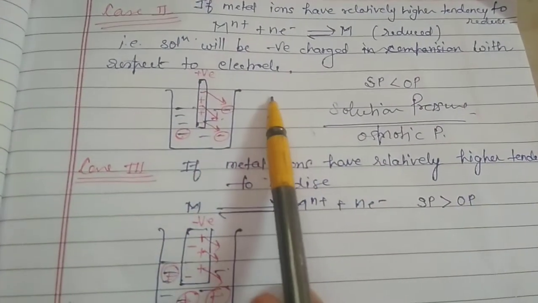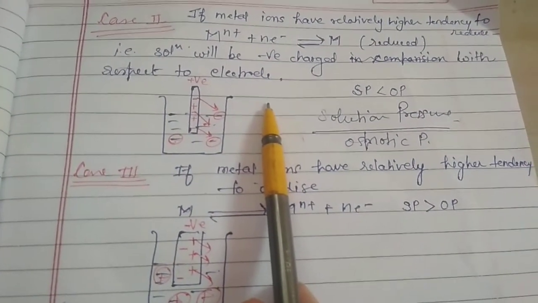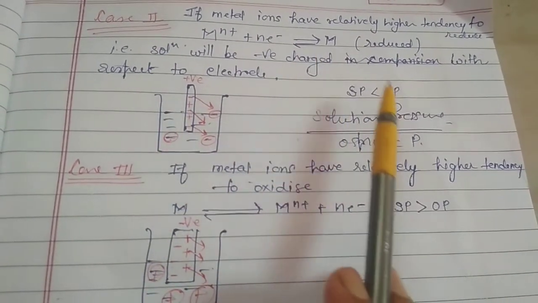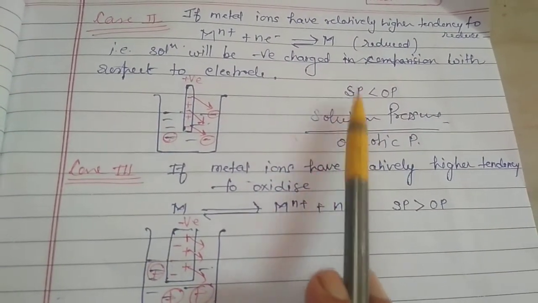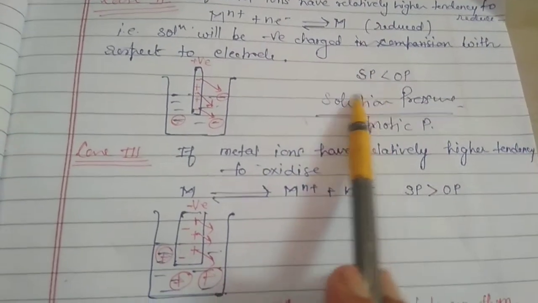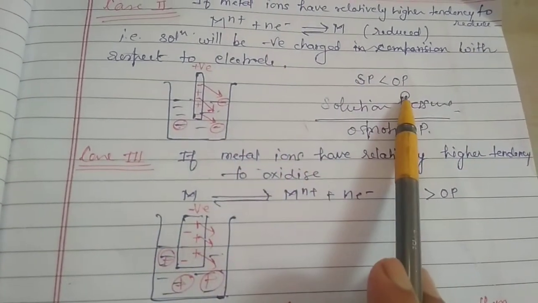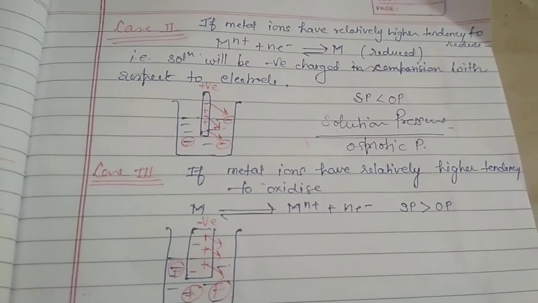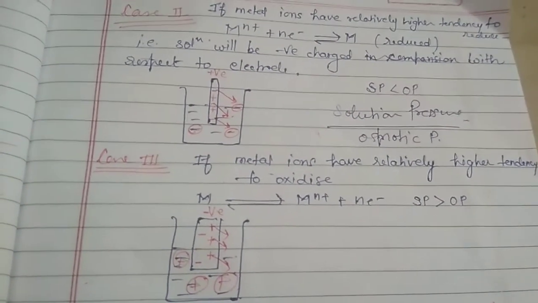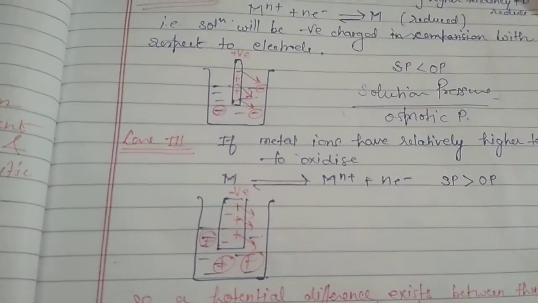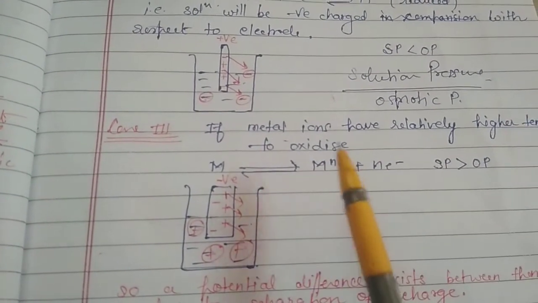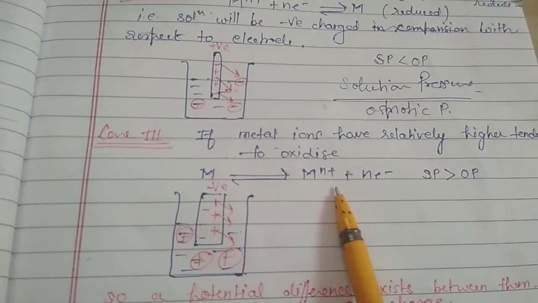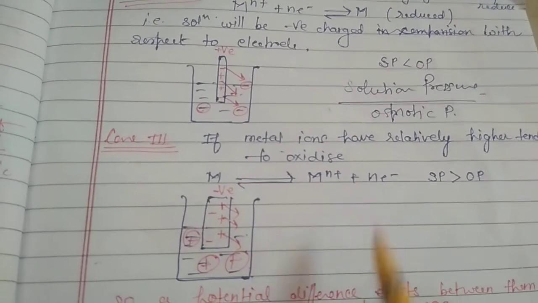In case of reduction, we may say that reduction is taking place due to the osmotic pressure being greater than the solution pressure. So what is osmotic pressure? The tendency of the metal ion to get reduced is known as the osmotic pressure, and the tendency of a metal to get oxidized is known as the solution pressure.